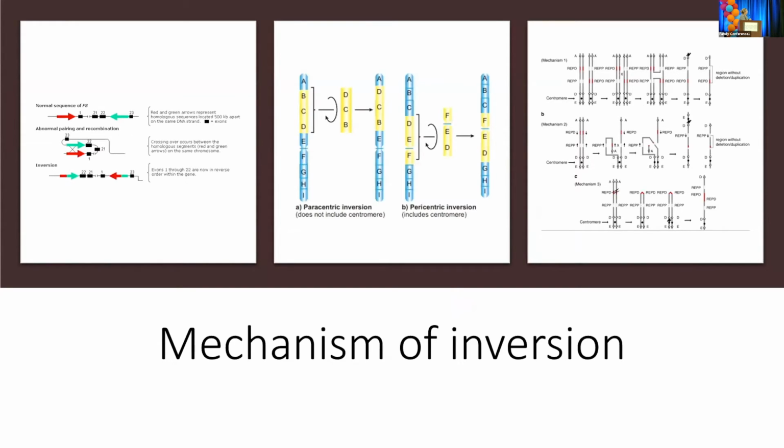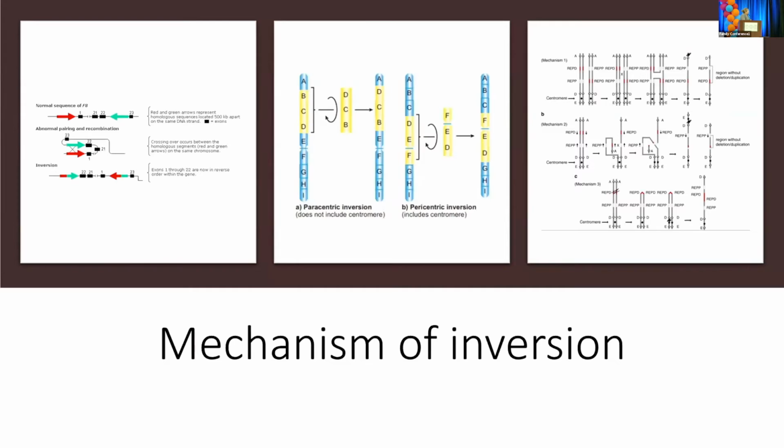Our chromosome copies carry copies of our genes, and when you get this crossing over, you get what we call an inversion, where you can have BCD on the same side of the chromosome, not crossing the centromere, become DCB, or you can have something that includes the centromere itself, the central part that connects the short and the long arm of the chromosome, and you can get an inversion that crosses that center.